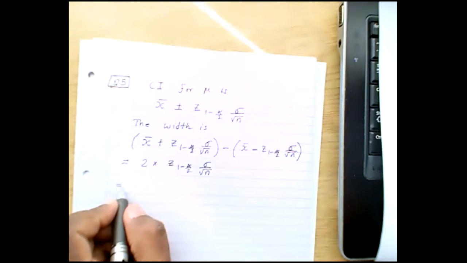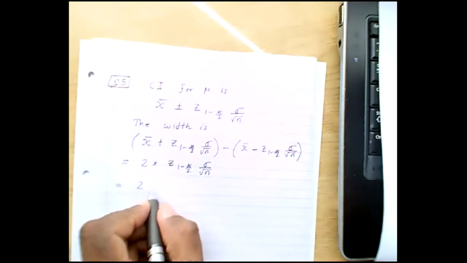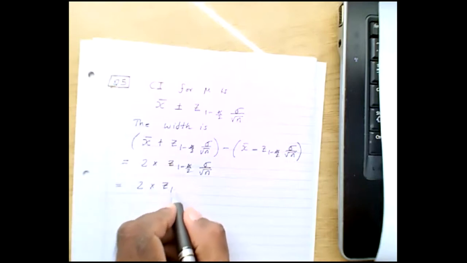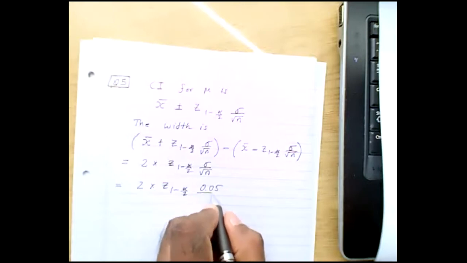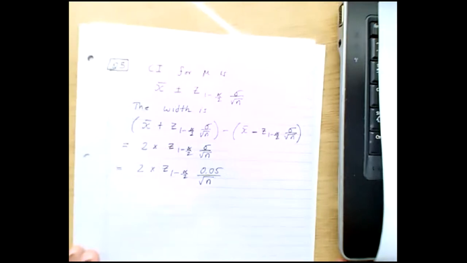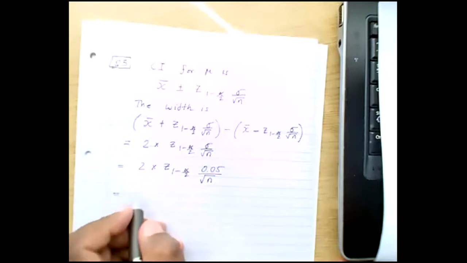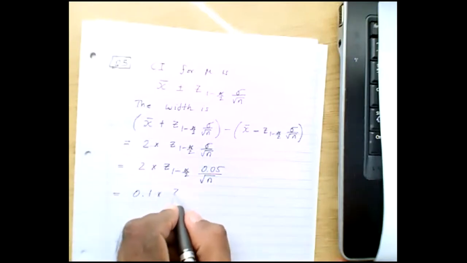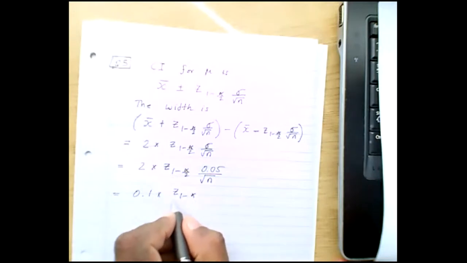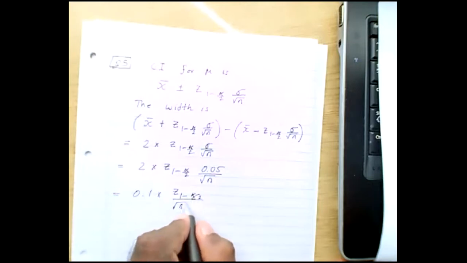Now we know that sigma is 0.05, so let me put that in. So this is going to be 2 times 0.05, which is 0.1, times z of 1 minus alpha by 2, divided by root of n.